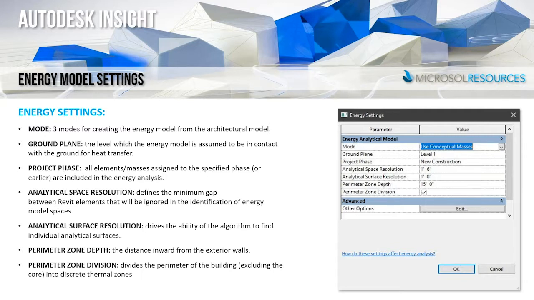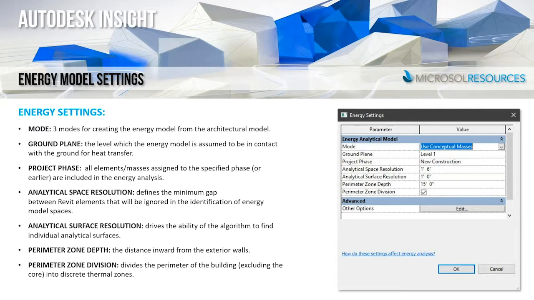When you increase the value of the analytical space resolution and analytical surface resolution settings, the processing time required to create the energy model is slightly reduced. Basically, you're giving it a wider berth than the default settings. So that would, of course, reduce the analysis time.